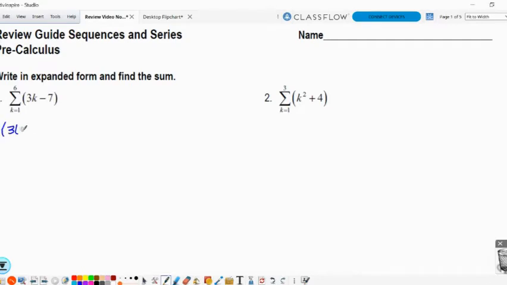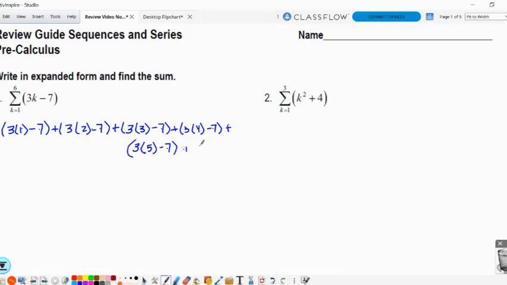Our first term plus our second, that's like the expanded form.